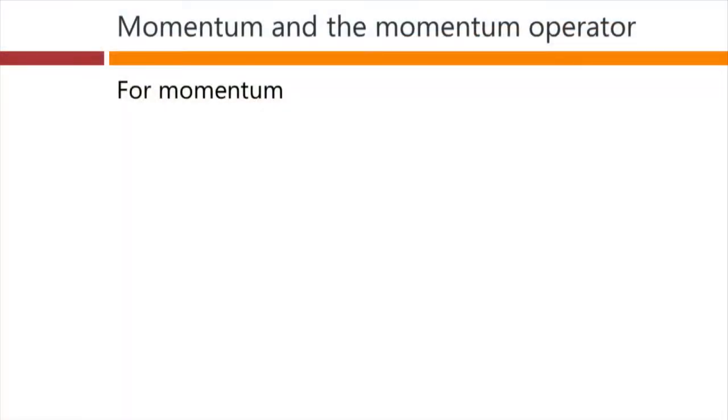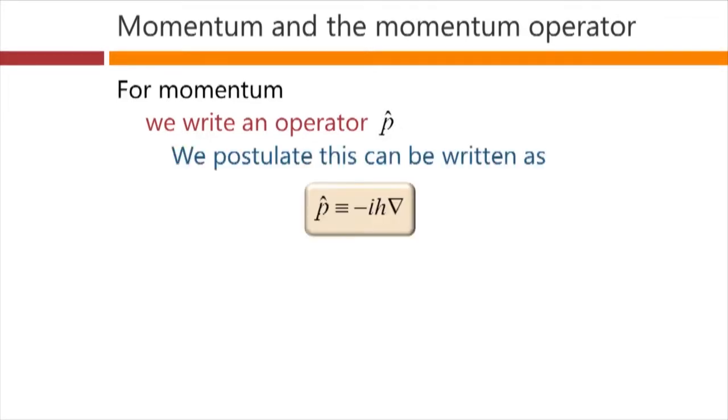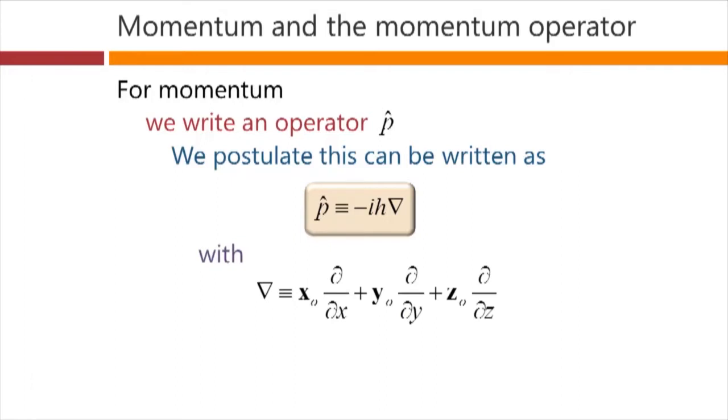So, for momentum, we're going to write an operator. So we put a little hat over this P, and we're simply going to postulate that this momentum operator can be written as minus i times h bar times the gradient operator. And of course, the gradient operator is just this set of derivatives in each of the coordinate directions.